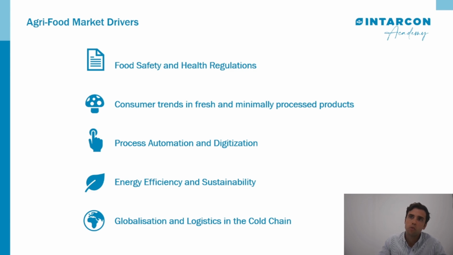Finally, we could see globalization and logistics in the cold chain. We have mentioned this globalization before. Agri-food products must travel long distances while we must maintain the temperature in the cold chain to preserve the perishable food.